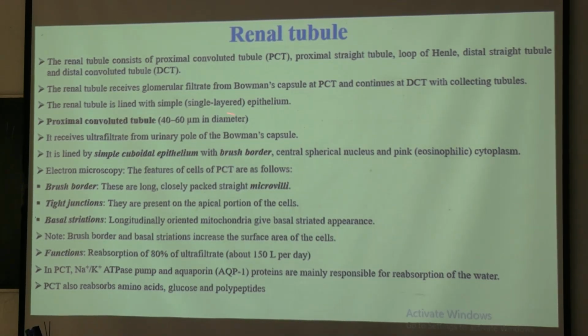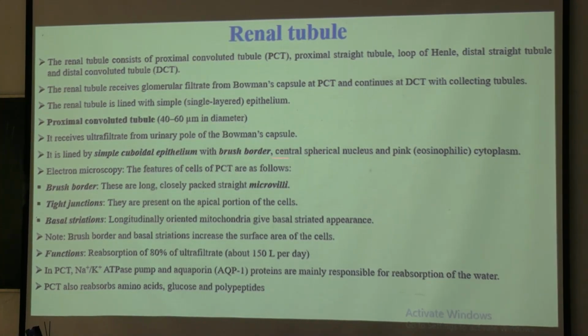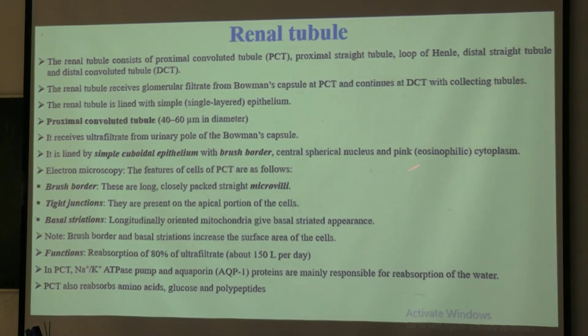The renal tubule is lined with simple or single layered epithelium. Proximal convoluted tubule is 40 to 60 micrometer in diameter. It receives the ultrafiltrate from the urinary pole of Bowman's capsule. It is lined by simple cuboidal epithelium with brush border, central spherical nucleus and pink eosinophilic cytoplasm.